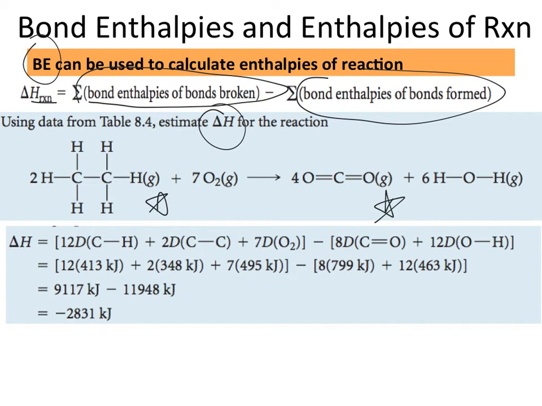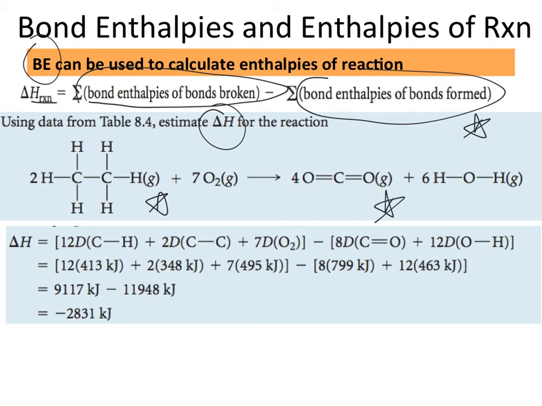If we want to look at the calculation specifically for this reaction, we have the combustion of ethane to give us CO2 and H2O products. The first thing we're going to look at is how many bonds are being broken, what kind of bonds are being broken, and what kind of bonds are being formed in this process.